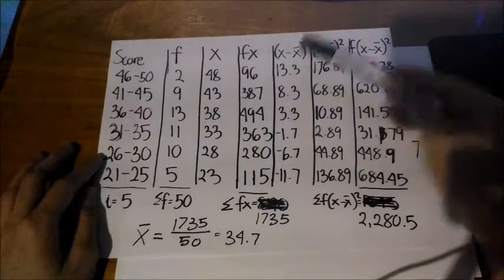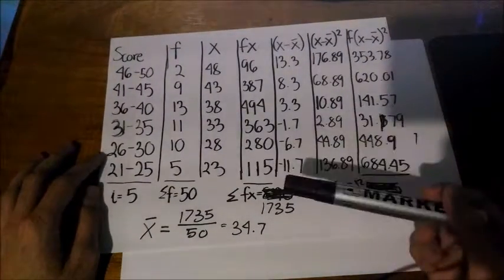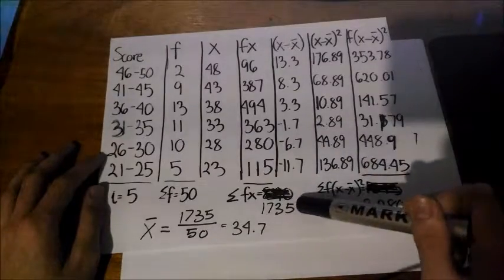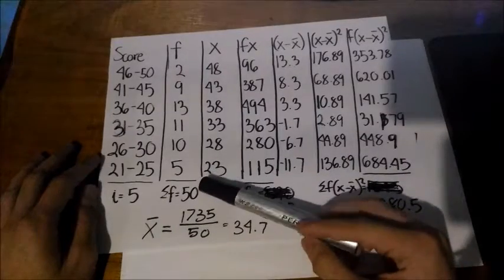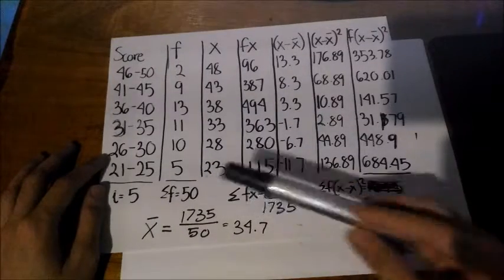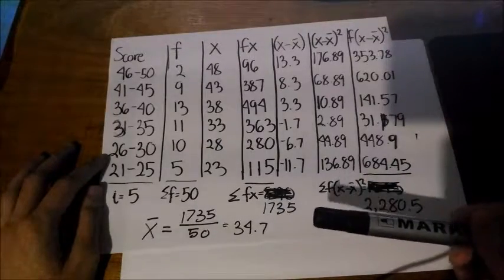Here you can easily get the x bar, or the mean. The mean is represented by x bar. How do you get the mean? You get the sum of fx and divide it by the sum of your frequency. 1735 divided by 50 is 34.7.